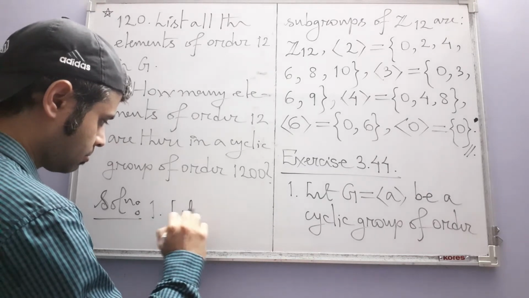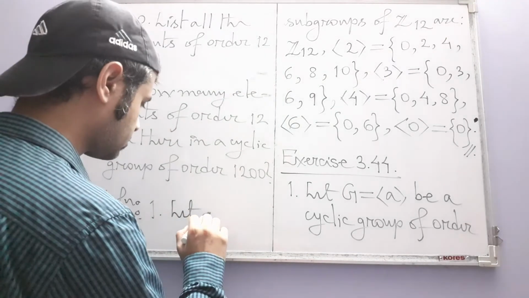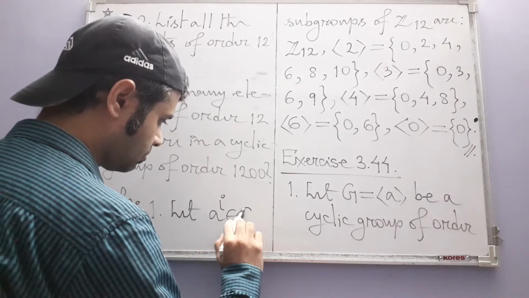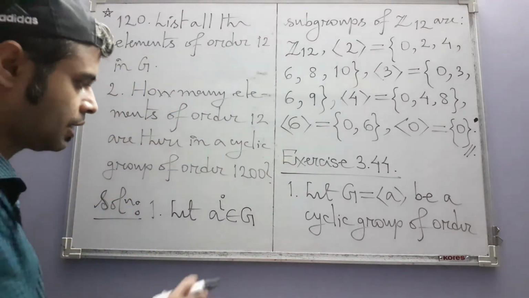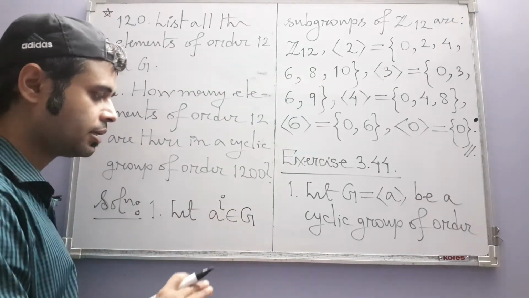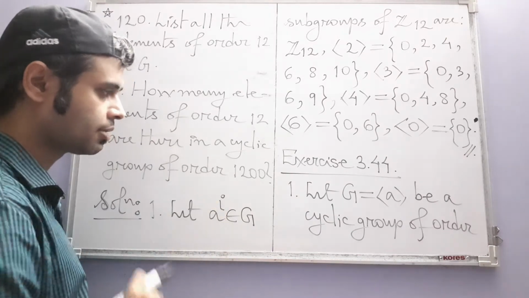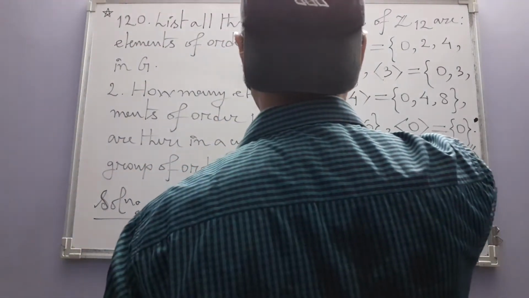Let this belong to G. Okay, so we have considered any arbitrary element in G. So it's a cyclic group, so the elements will look like this. And in fact, let us also consider I accordingly.